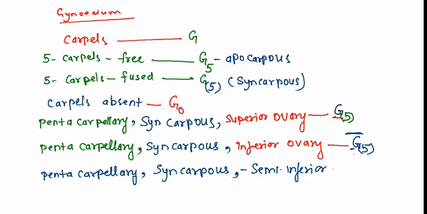In such case it is represented as capital G, 5 in brackets because it is pentacarpellary syncarpous, and a dash at the center, like this. This is called pentacarpellary syncarpous semi-inferior ovary.